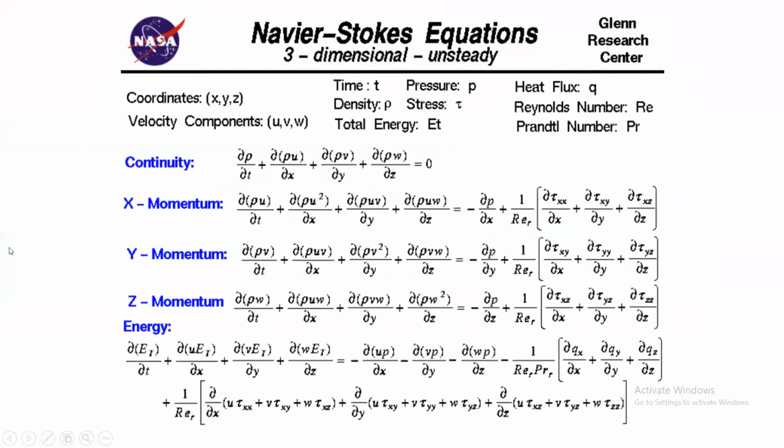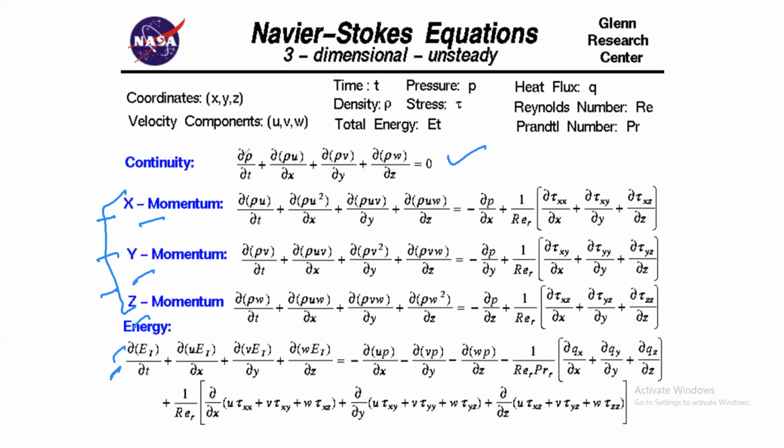So I already told you about the Navier-Stokes equations. These are our favorite equations that we mostly solve in CFD. The first one is the continuity equation. Then there are the momentum equations in the x direction, y direction, and z direction, and the energy equation.